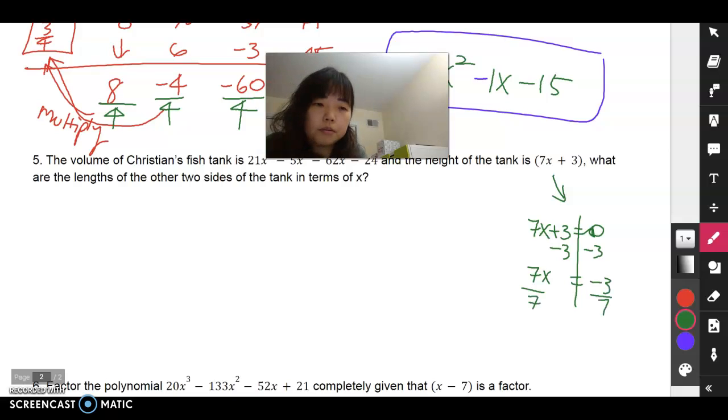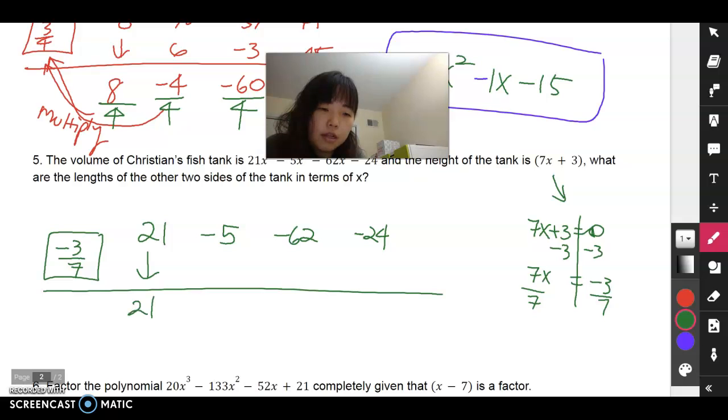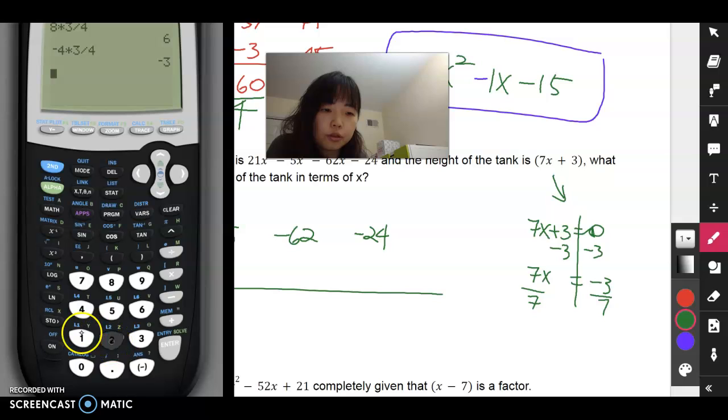So I'm going to put negative 3 over 7 in the box. We have 21, negative 5, negative 62, negative 24. Bring it down, 21. 21 times negative 3 over 7 is negative 9.